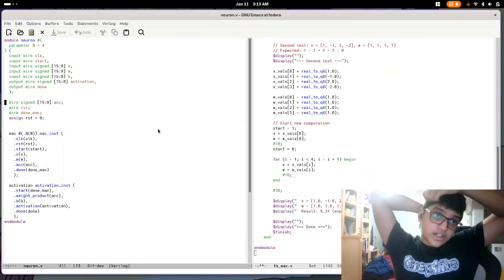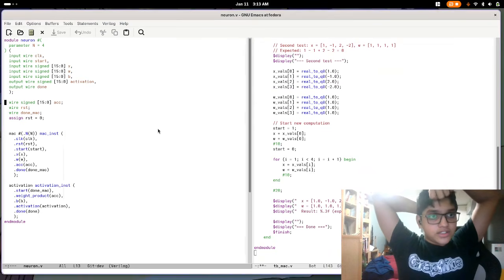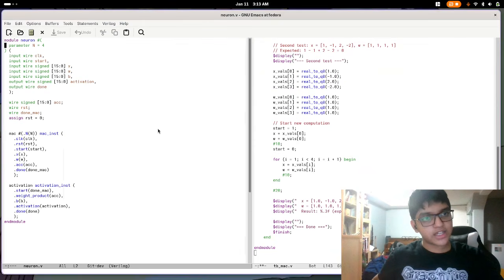We have those same parameters by default again, and then our clock wire, our start wire, our input wire X, our weight wire, our bias wire, and then our output activation wire and output done wire.